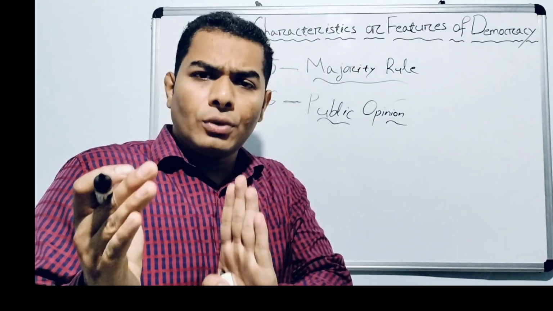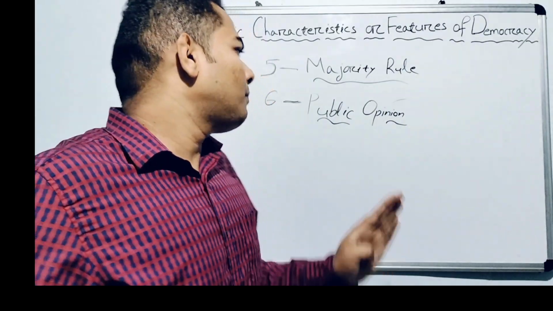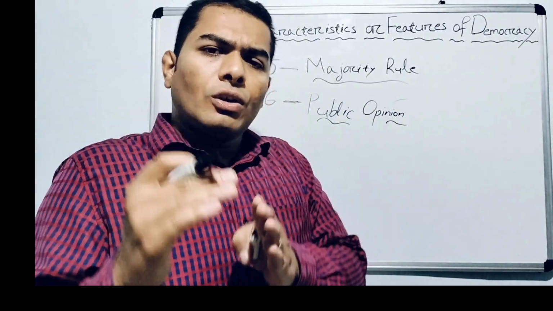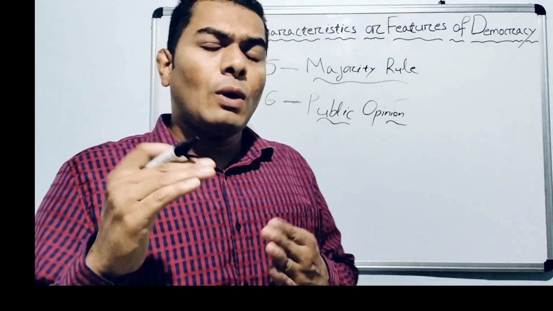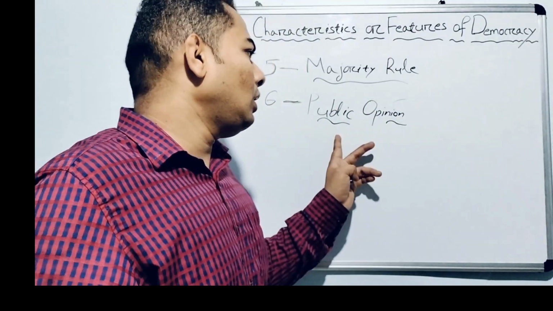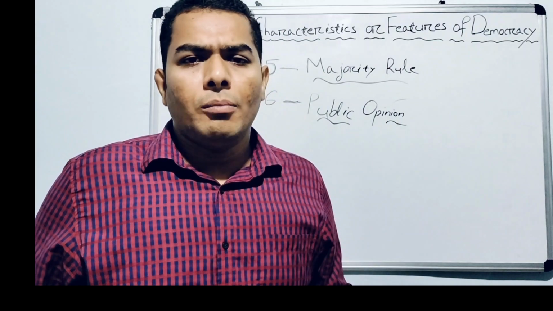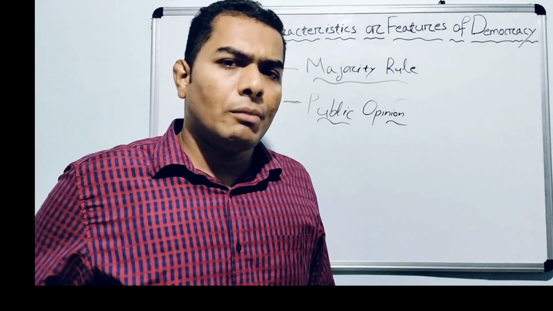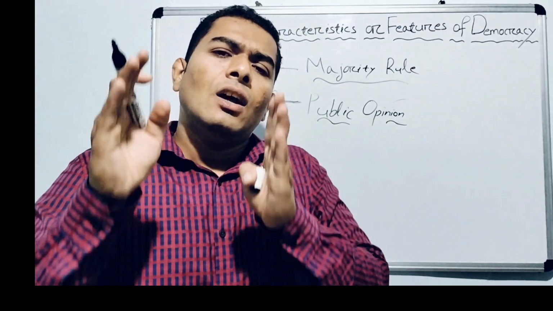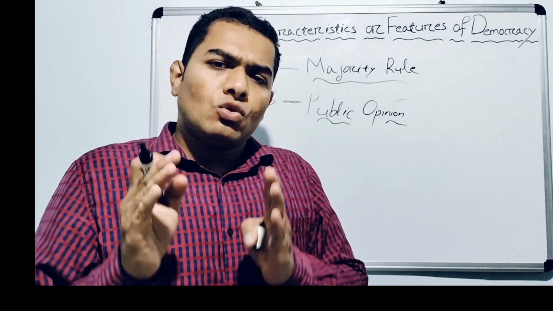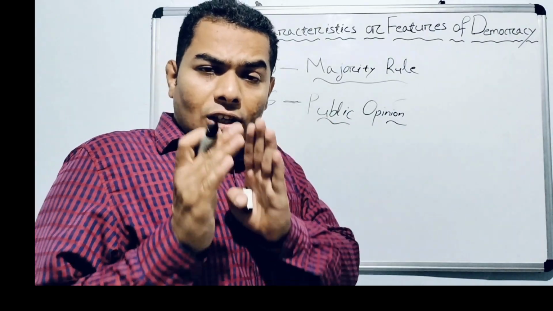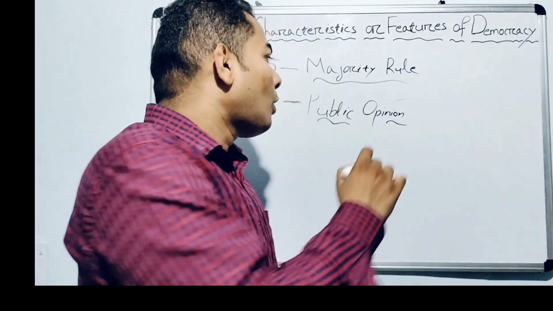Suppose the government does not give priority to public opinion and does not run according to it. Then in the next elections, people will definitely not support that government and will change it. So every government in a democracy knows very clearly that they are in power only because of the public, so they always give importance to public opinion.